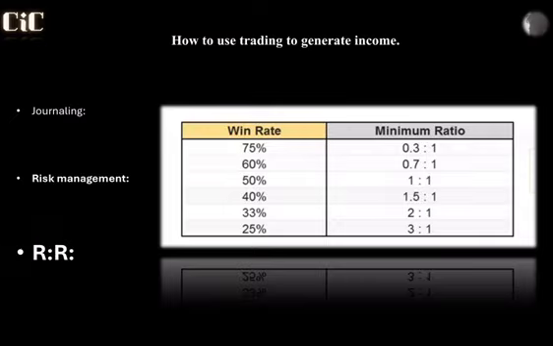Right? So, get a grip and pay attention. This is the only purpose any of us has got into trading, is to make money. Correct? Correct. This is how it's done. Understanding these three things: journaling, risk management, and risk to reward ratio.